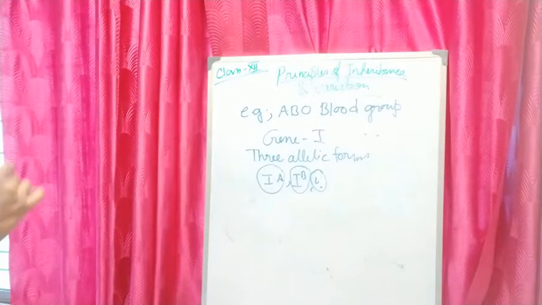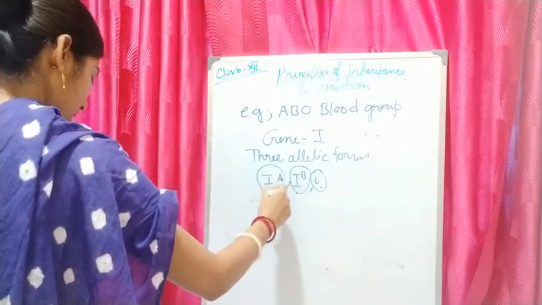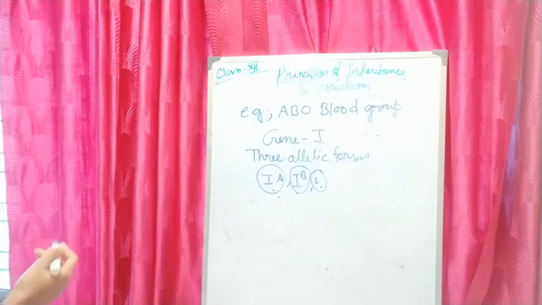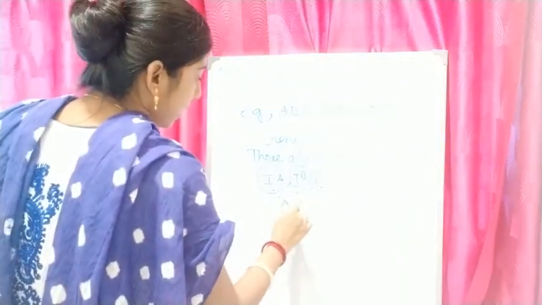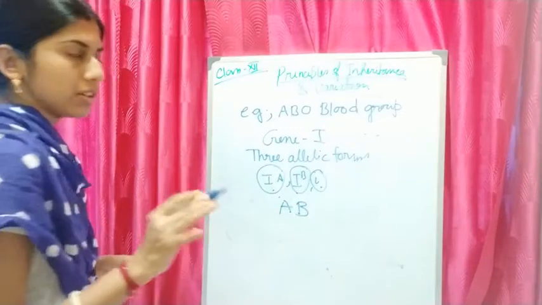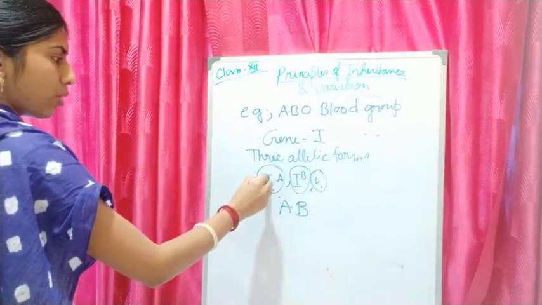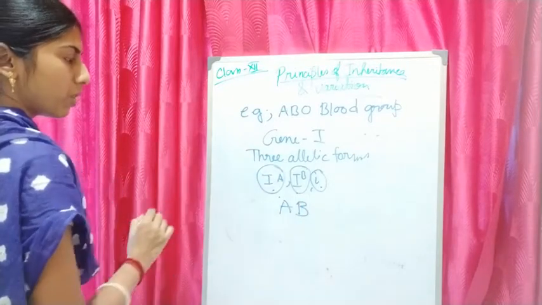So the alleles IA and IB are both dominant, and both will express themselves in the presence of the other when they are present together. If I consider the AB blood group, IA is dominant over small i and IB is also dominant over small i.